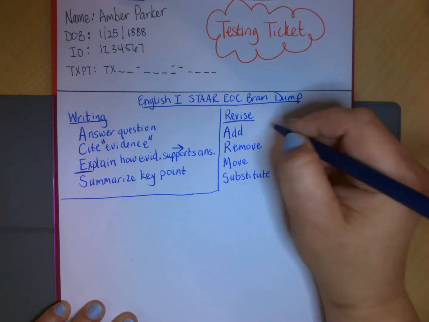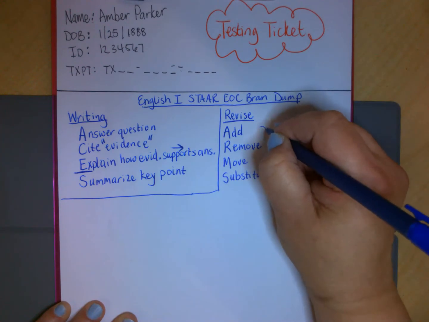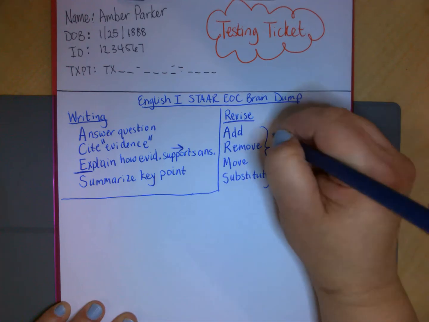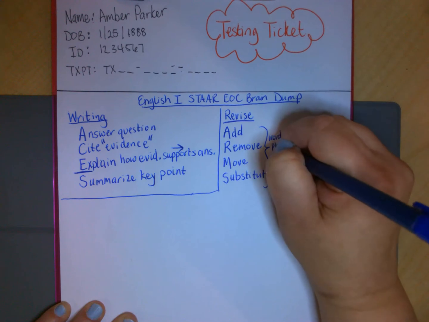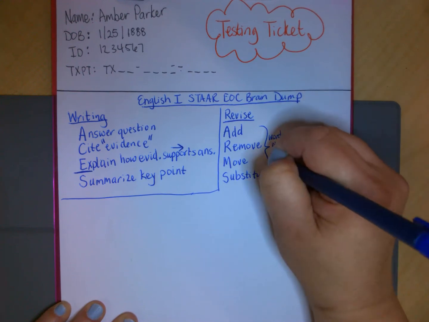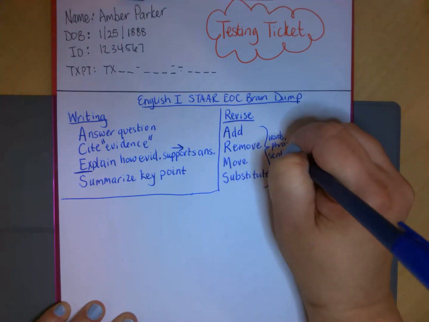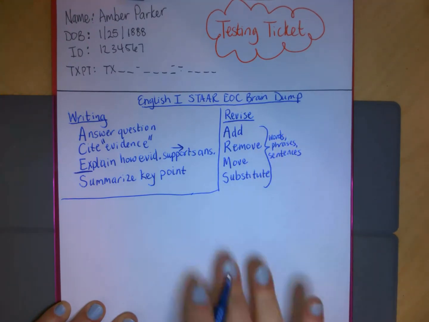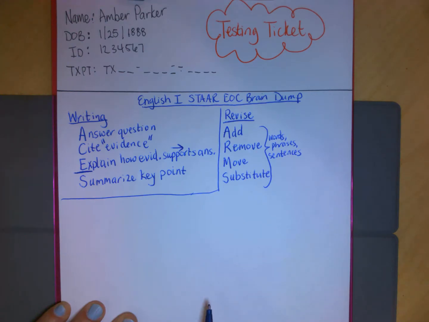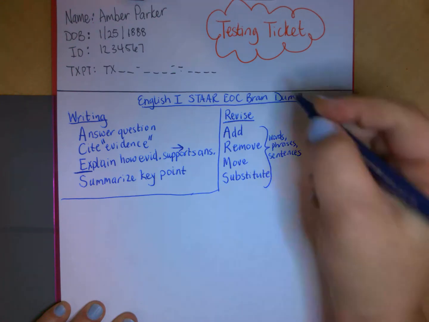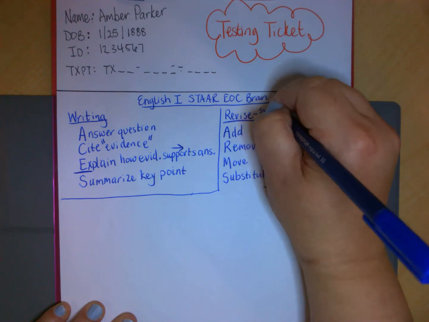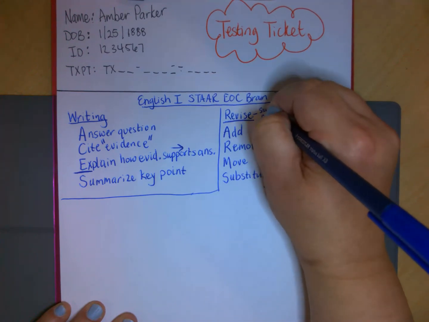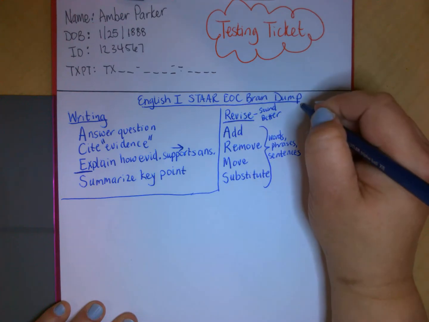Now, what we're doing with this is we are adding, removing, or substituting words, phrases, sentences. And we're moving things around to make sure that they fit in the best place so that my writing is as strong as it can be and makes the most sense. So when I'm revising, I'm making my writing sound better to someone who's reading it.